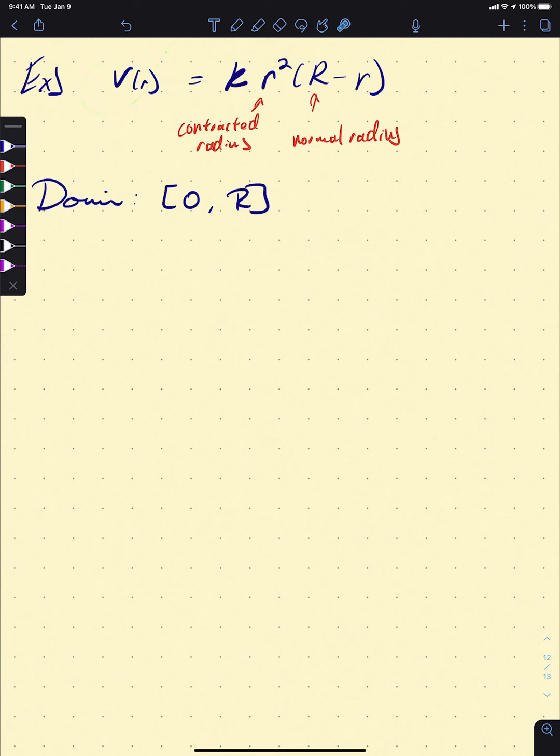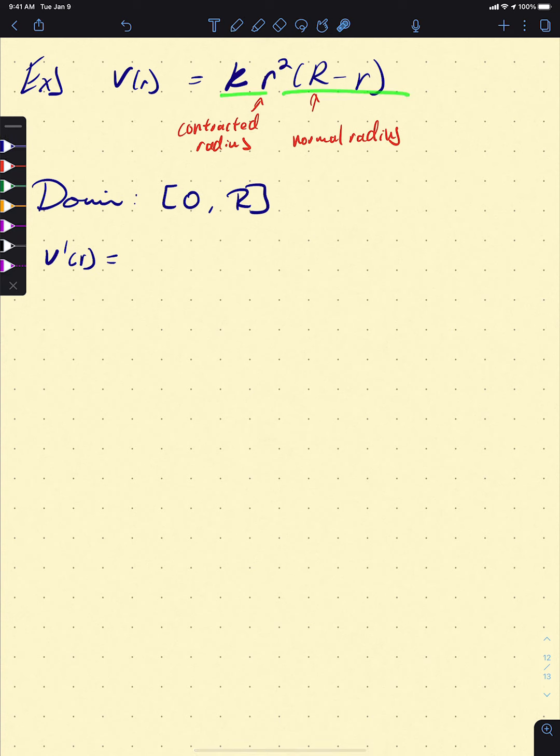And we can march through the same steps. Now we're just using symbols instead of numbers. We can take our derivative, V prime, and then, as long as we remember that k and big R are constants, we can march through this like normal.